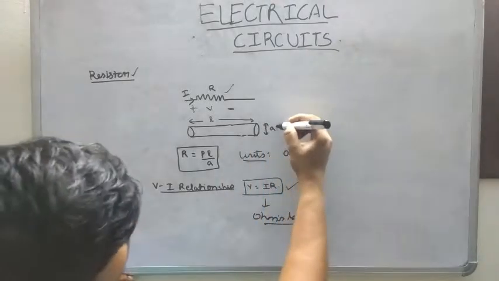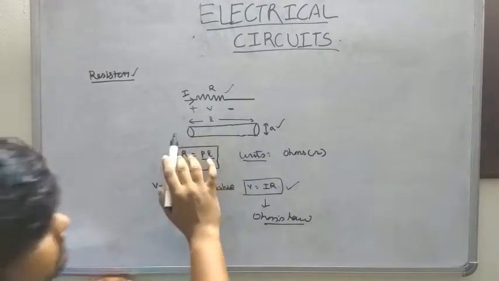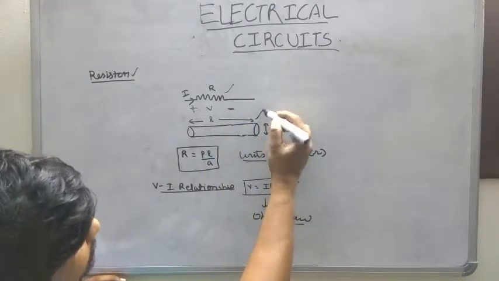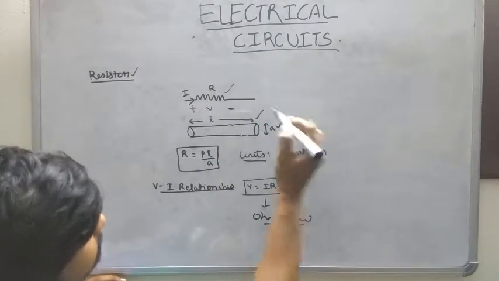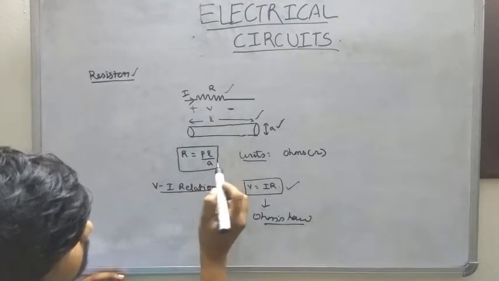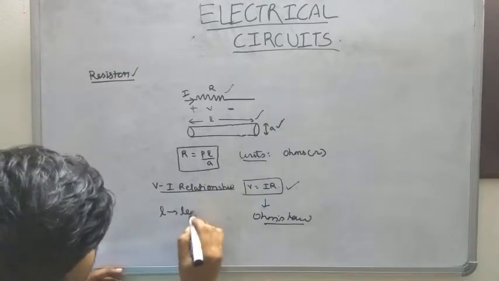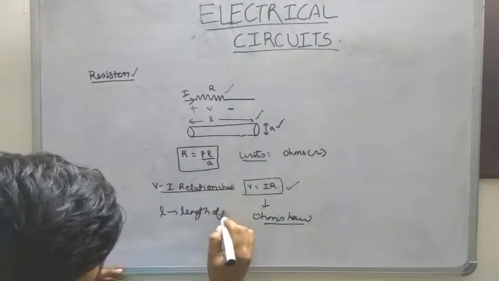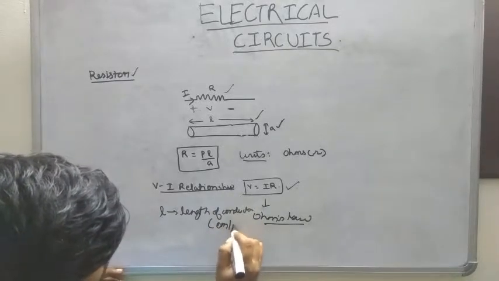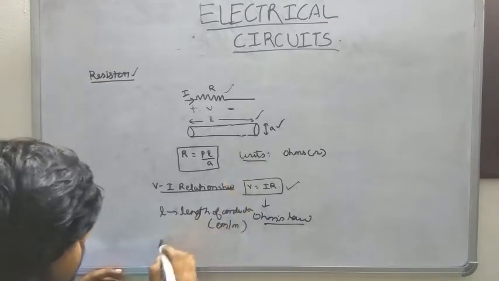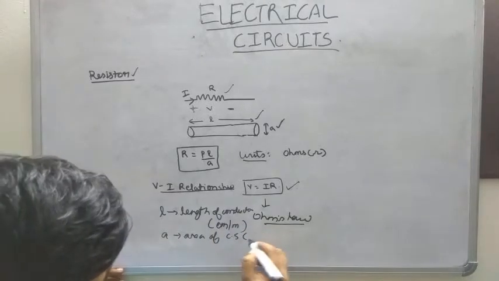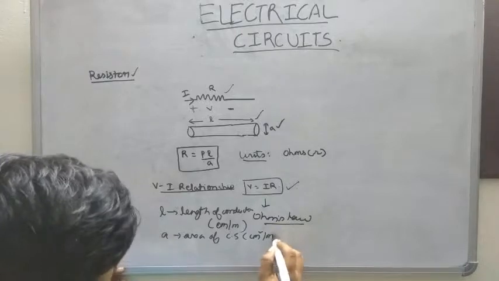And the physical expression of resistance is like this. If you consider a conductor, let the length of the conductor be L and the area of cross section of the conductor be A, then the resistance of that piece of conductor can be given by R equal to rho L by A, where L is the length of the conductor, it can be in centimeters or meters, and A is the area of cross section, and this can be in centimeter square or meter square.